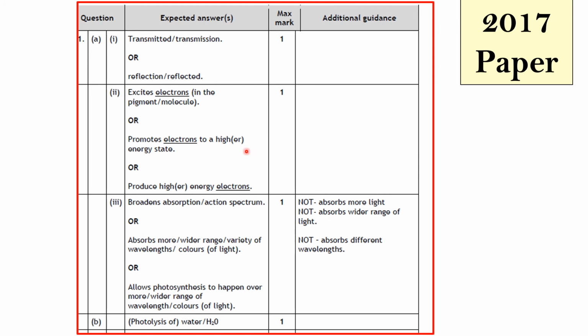For the next one, what does the light energy do? It excites electrons in the pigments, or you might have said produces higher energy electrons. The next one, part 3, broadens the absorption or the action spectrum, or allows a wider range of wavelengths of light to be absorbed. And then part B, it is water, or photolysis of water.